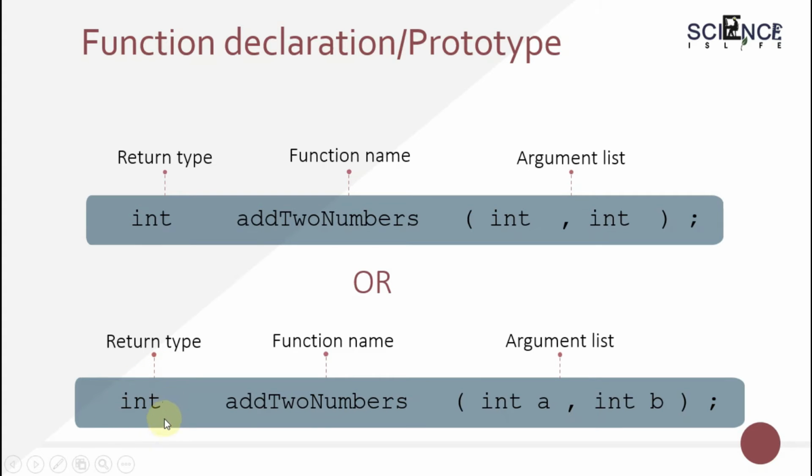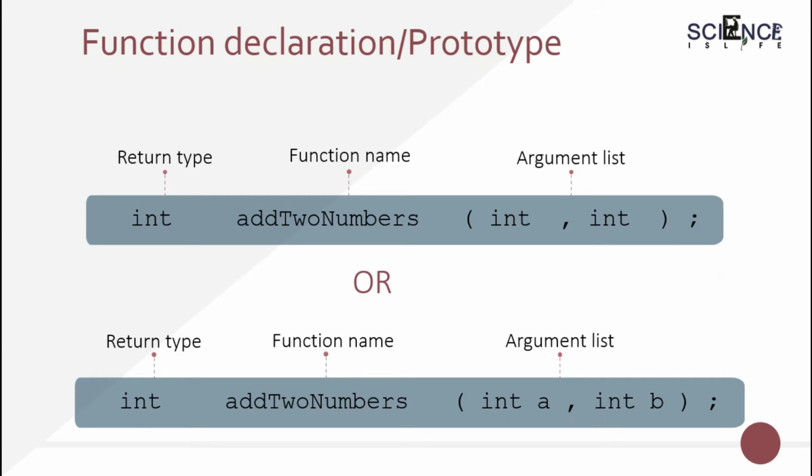We need to mention the return type and the function name, and within the brackets, in the previous method we just mentioned the data type only. If not, we can declare it as a variable also, right? So in both of these methods, after that we need to put a semicolon, right?